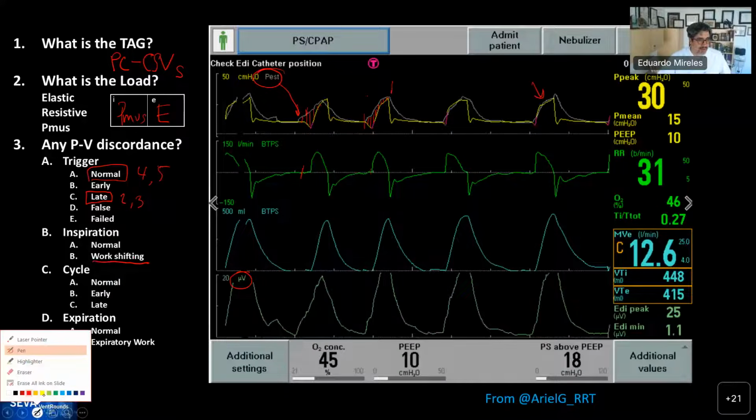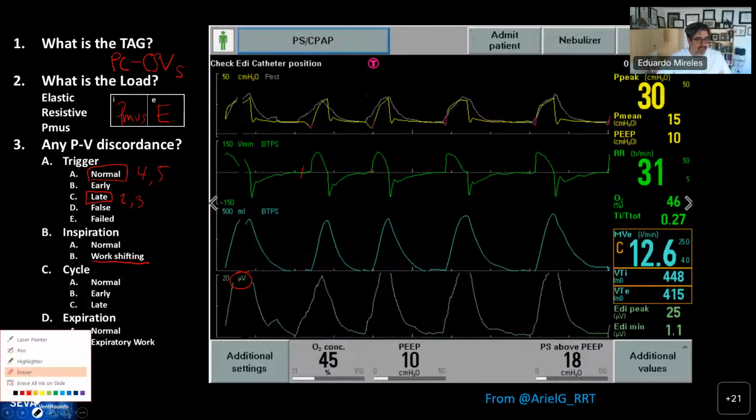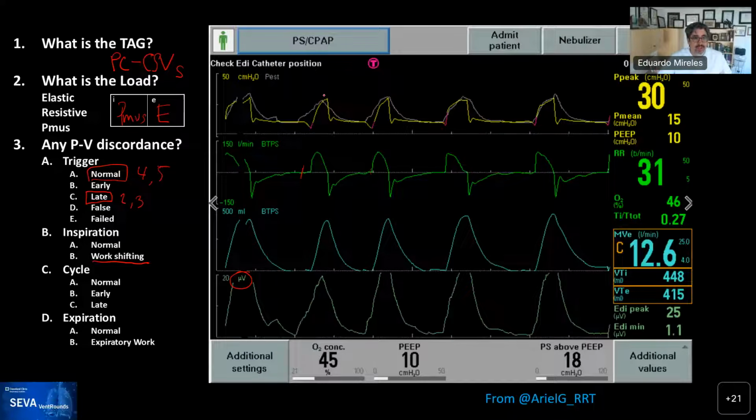So the patient cycled off, but the diaphragm was still doing effort, and you have this late cycle. Rob? It's all good. Ren? Yeah, I agree. Alrighty. And then during expiration is basically normal.